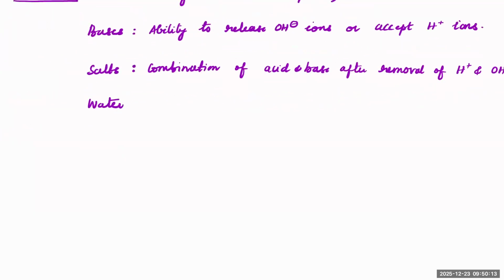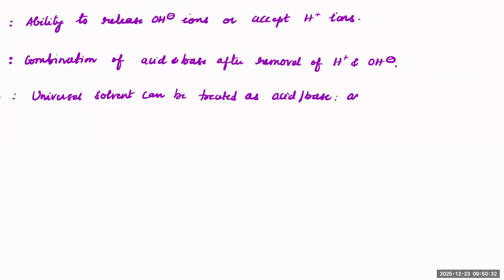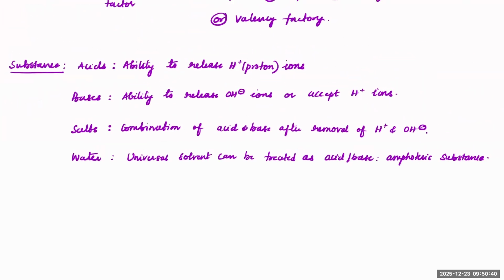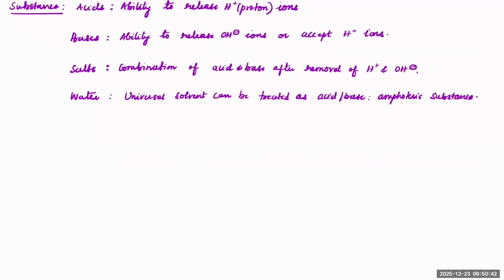Got it? Water is like a universal solvent, can be treated as acid or base. Such kind of a solvent is called amphoteric substance. Clear? Is this logic understood, beta?